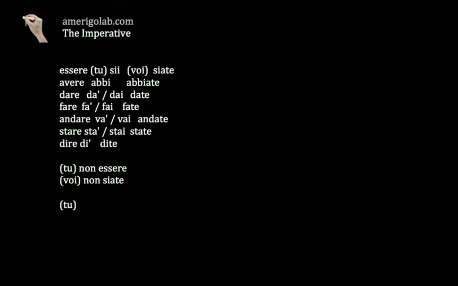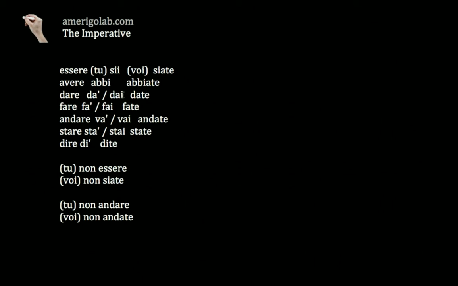When you talk to one person, don't go will be non andare, because you must use the infinitive form of the verb. But for voi it will be simply non plus the imperative form, so it will be non andate. And the other verbs work in the same way.